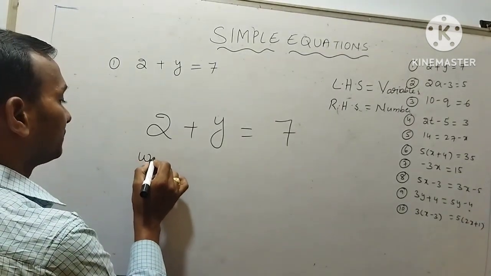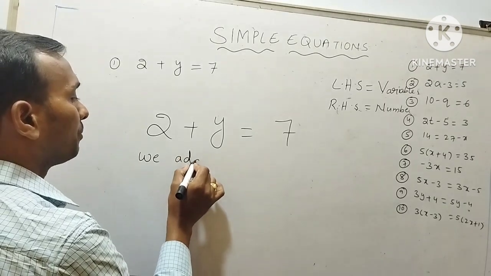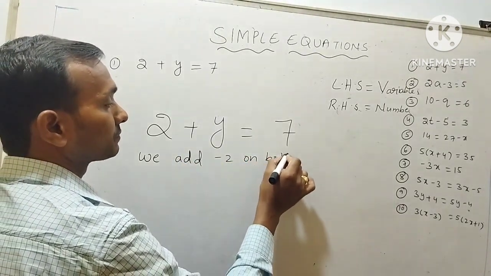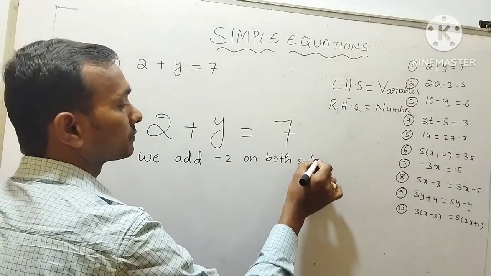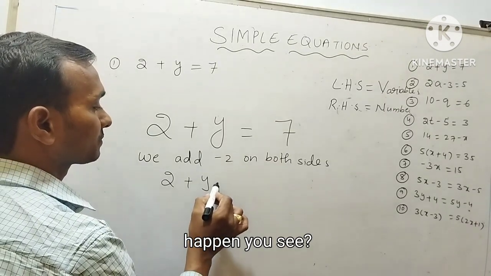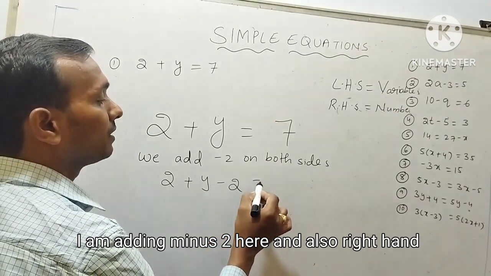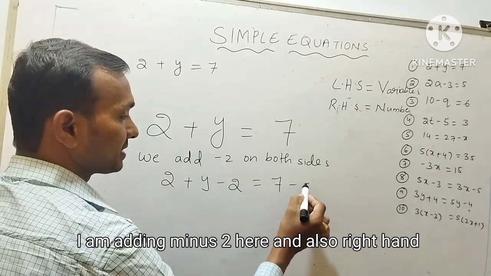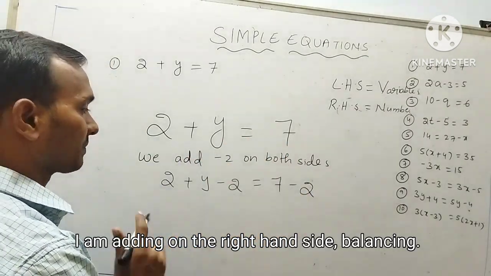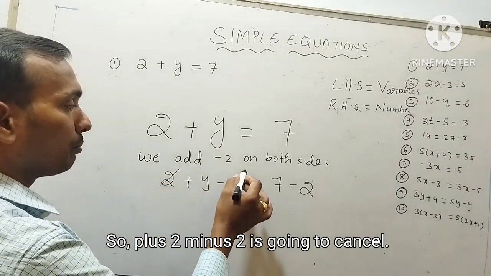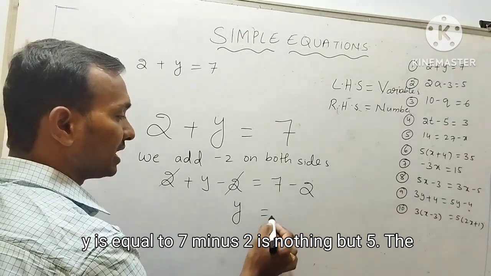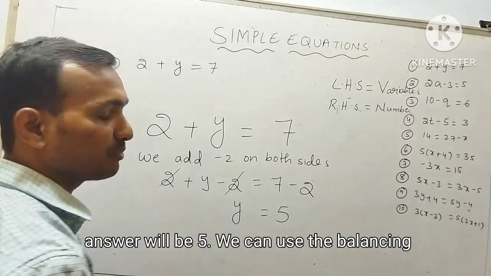We add minus 2 on both sides. I am adding minus 2 on the left hand side and also on the right hand side. Balancing. So plus 2 minus 2 is going to cancel. y is equal to 7 minus 2, which is 5. The answer will be 5.